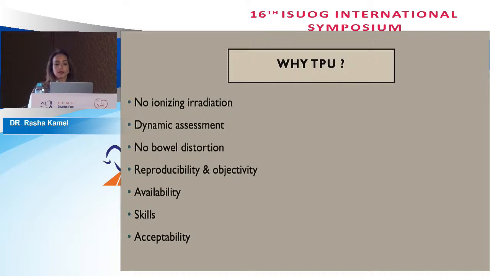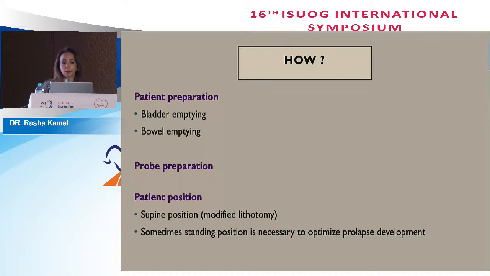There's no high subjectivity as in the clinical examination. Ultrasound is widely available in all hospitals and units. The skills needed to perform an adequate ultrasound are easy to develop. And of course, ultrasound is quite acceptable to most patients and to examiners as well.